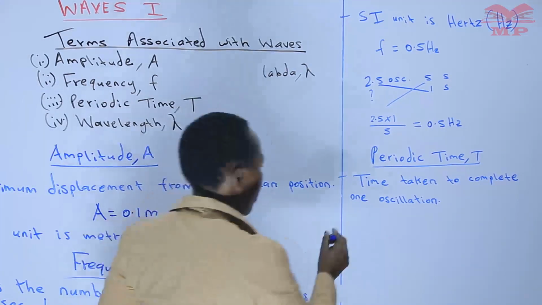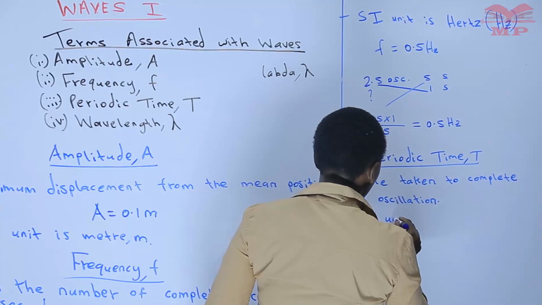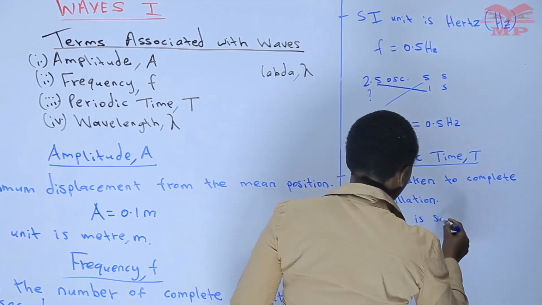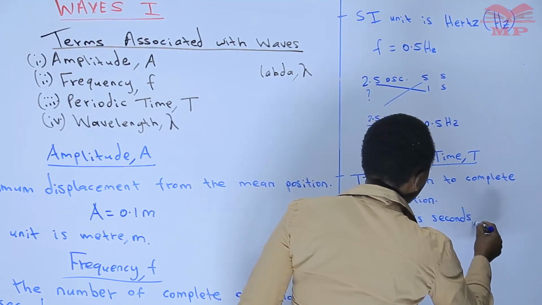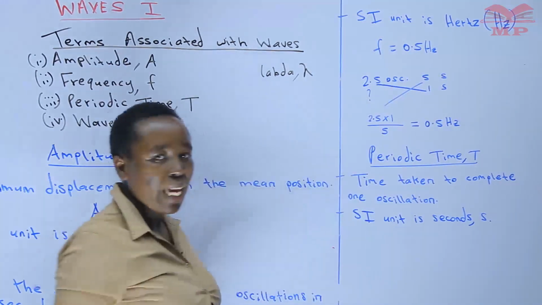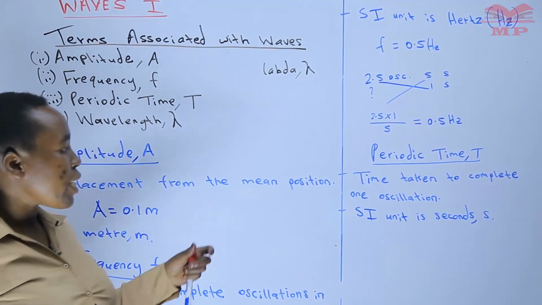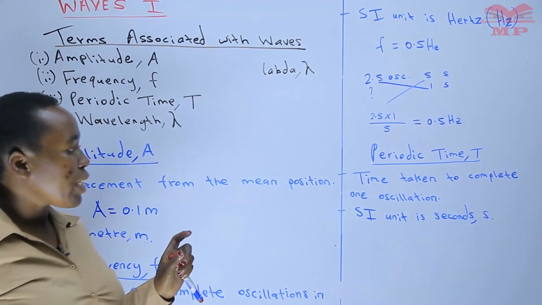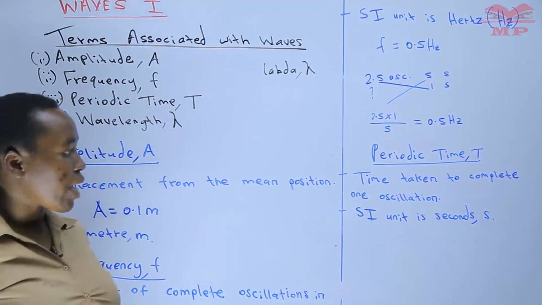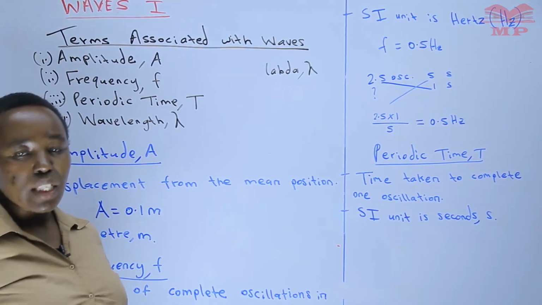And the SI unit is seconds. Being time, the SI unit for time is seconds, and therefore the SI unit for periodic time is seconds. So we are saying periodic time is the time taken to complete one oscillation.